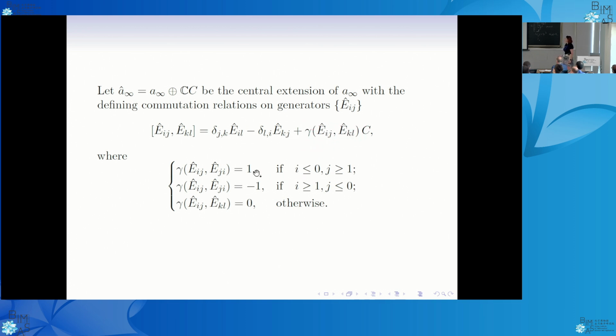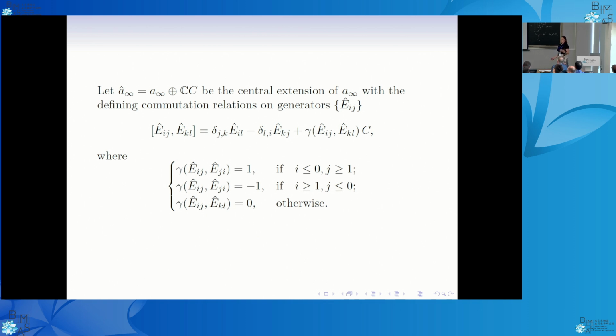This is how the cocycle is defined. There are different cases corresponding to what kind of matrices we take. So this is how we define the Lie algebra structure on the central extension A infinity hat if we just look at the generators.